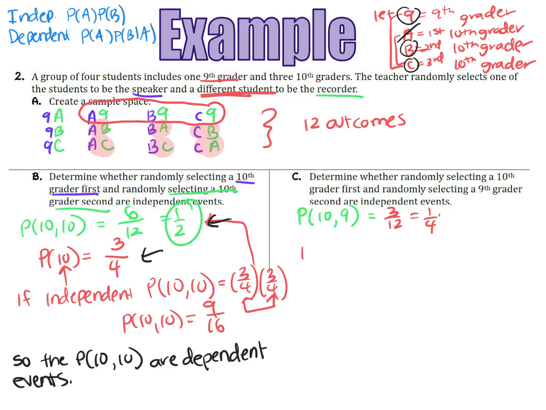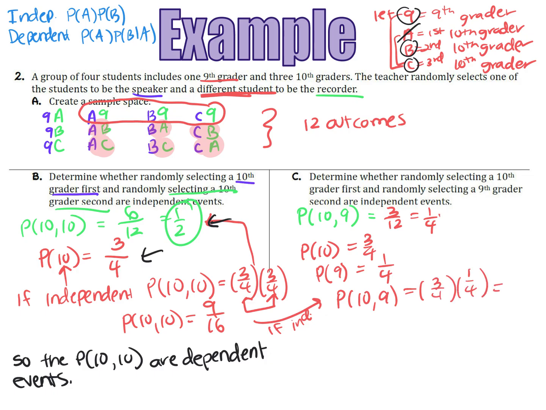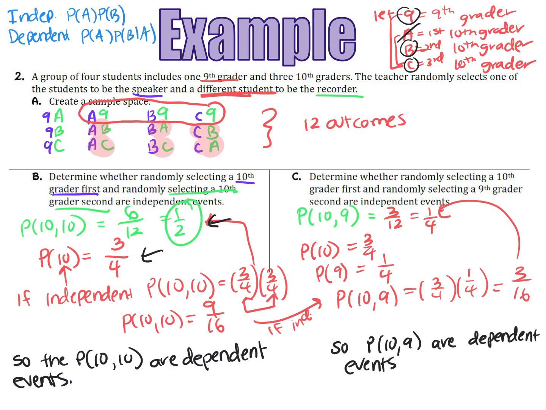If we look at the probability of getting a 10th grader, which we already established on part B was 3/4, and the probability of getting a 9th grader, which is only 1 out of 4, and if we multiply these 2 probabilities together, which is what we would do if these were independent, we would have 3/4 times 1/4, which is 3/16, which is not the same as 1/4. So again, these probabilities are dependent. And there we have written up that answer.